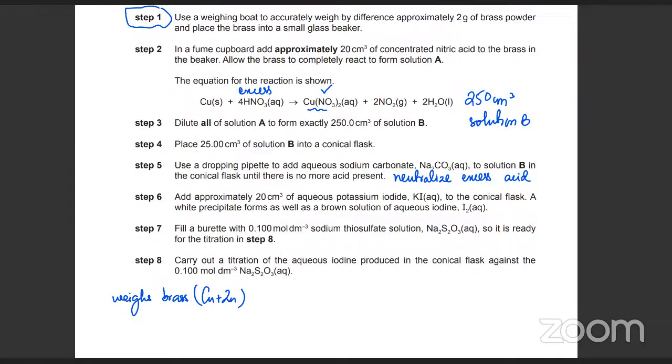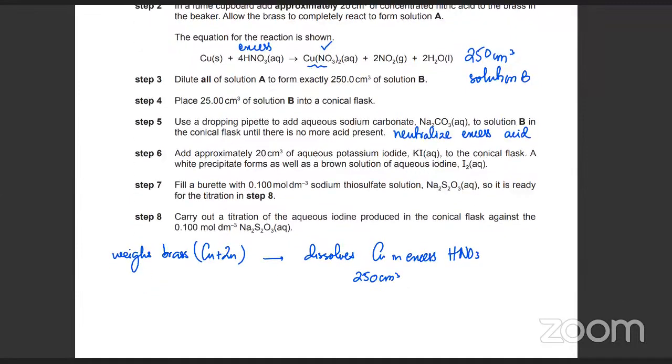Then he dissolves it in nitric acid, excess nitric acid. After that, by adding water, he turns it into a 250 cm³ solution. Then the excess nitric acid is removed by adding carbonate.